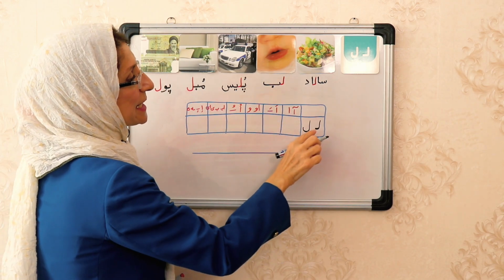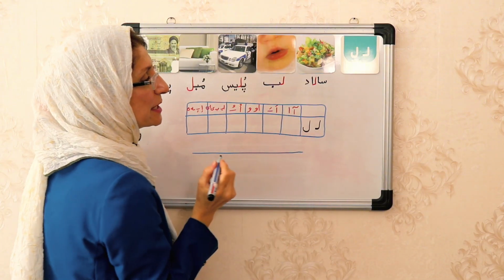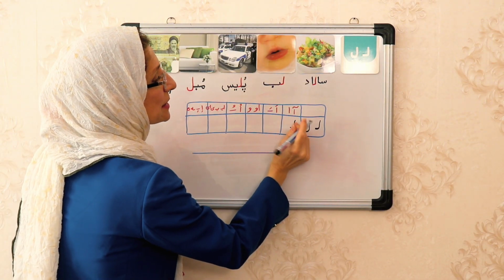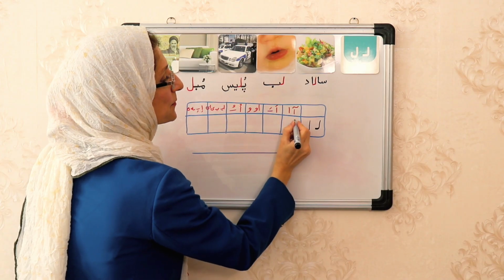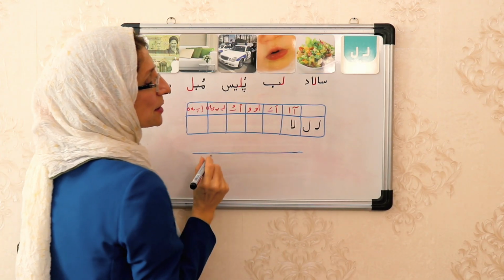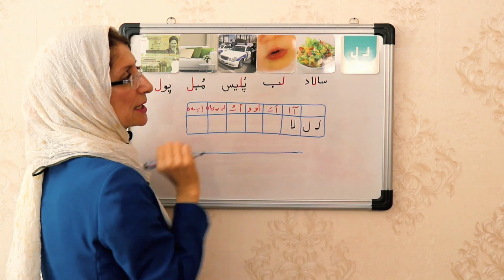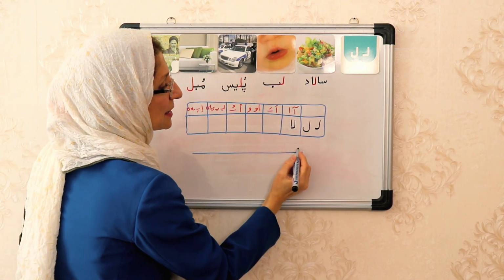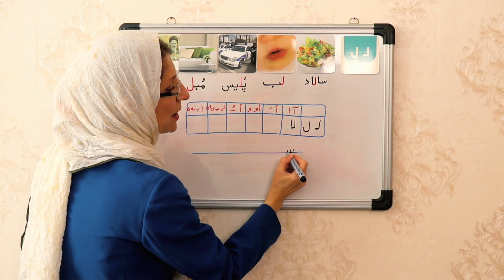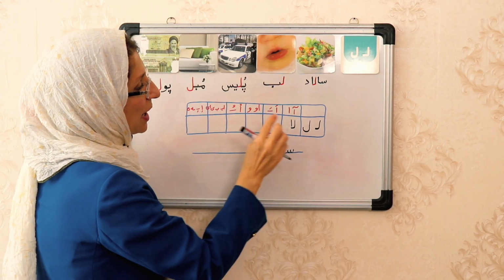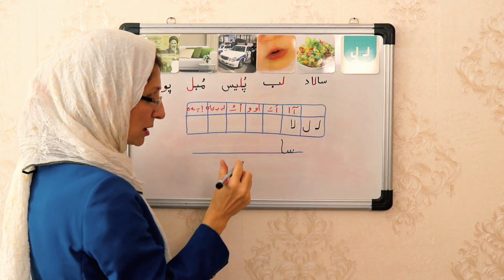The first ل and a will be la. La, like in salad. By the way, how do we connect le to a?